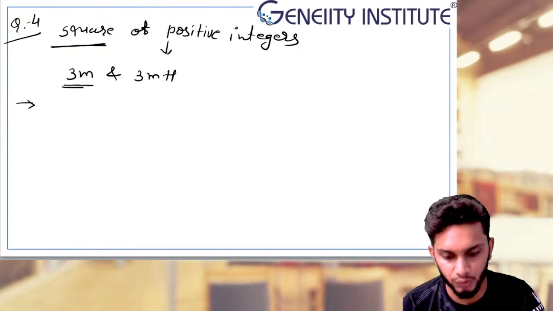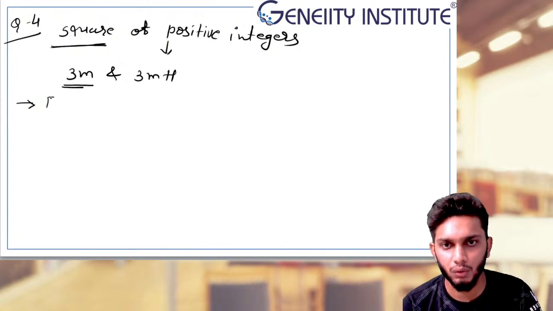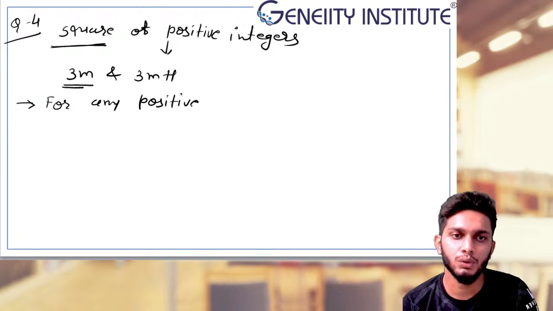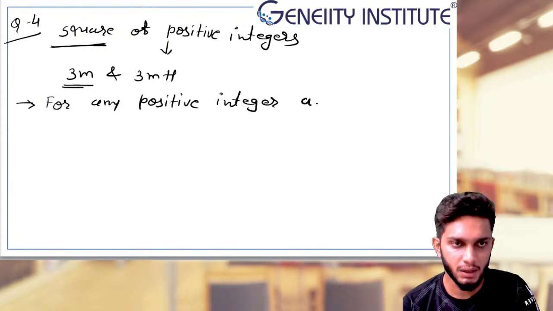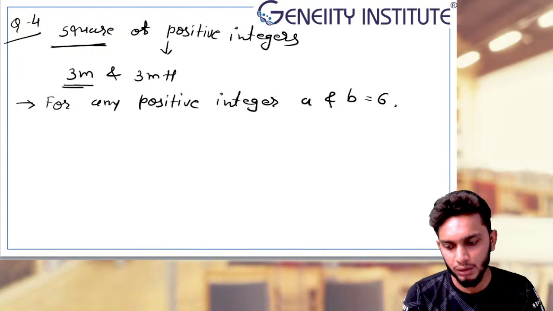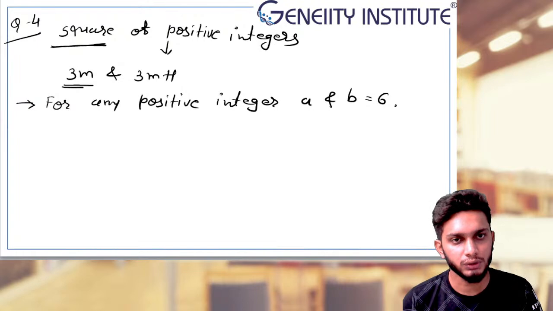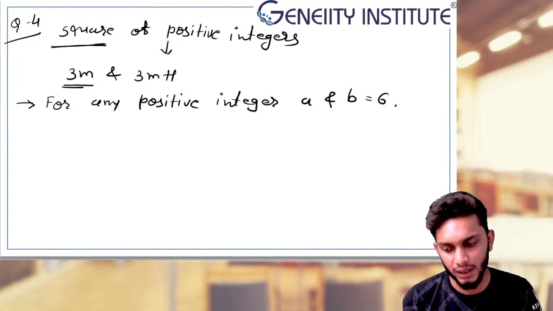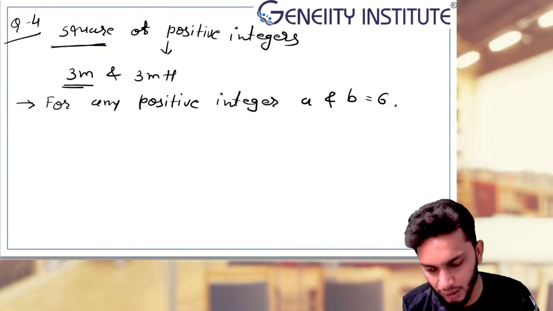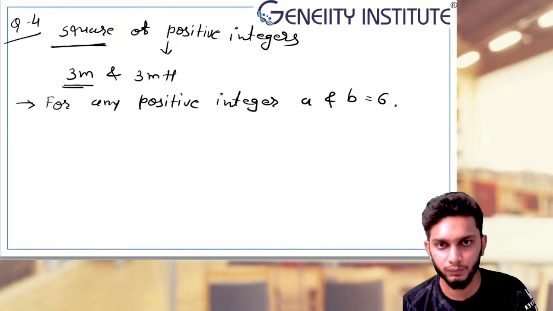Okay, so first of all, take any positive integer a and b equal to 6, then apply Euclid's division algorithm to a and b.